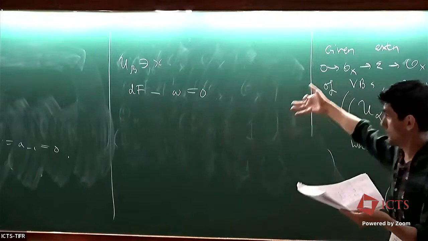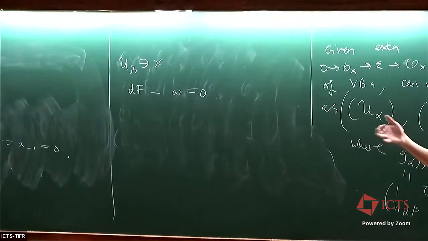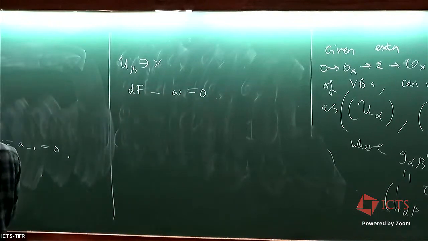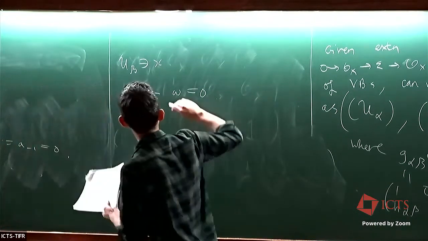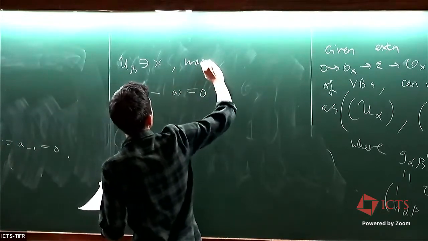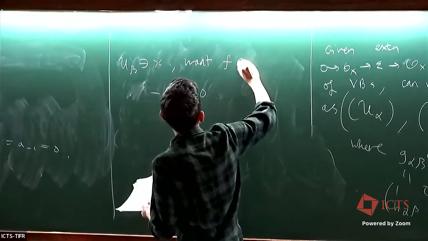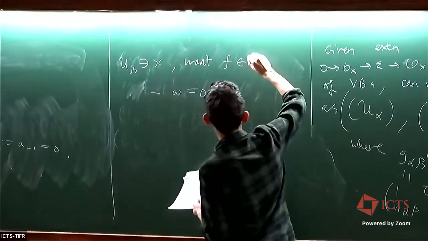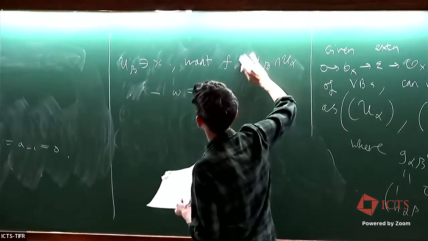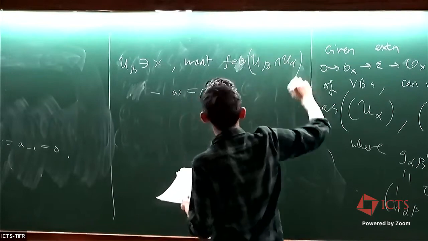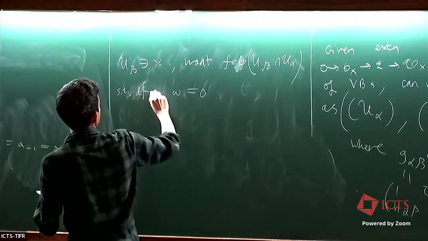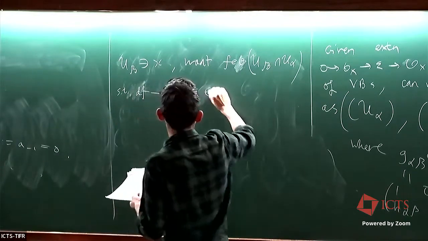So this would actually satisfy this cocycle condition. Now, of course, we can't usually do that because f is going to be a transcendental function. But actually, all we want is some f, a function on U beta intersect U alpha, such that df minus omega has no poles at x.